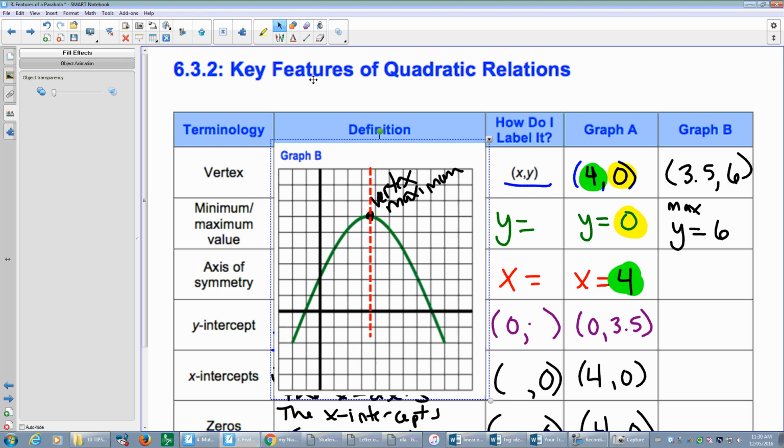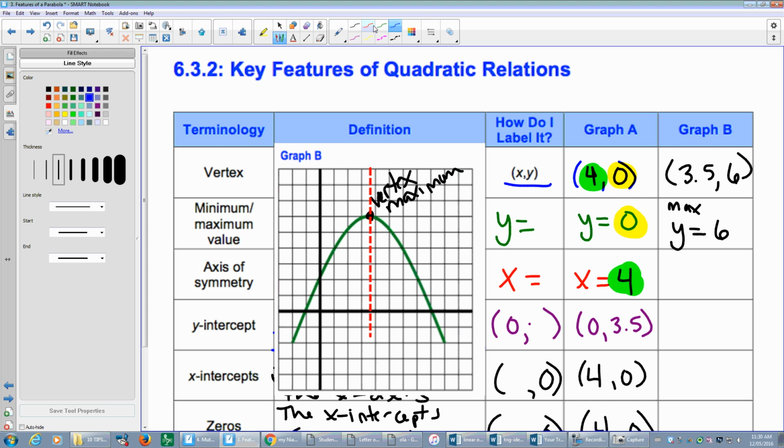Okay, so you have it in the correct spot, but I want to fill something in my chart here. What do I write? No, I'm not going to write 6. Look at your example that we just did. How do I write it? Which is another way of saying how do I label it? x equals 3.5. Dante, are you okay with that?